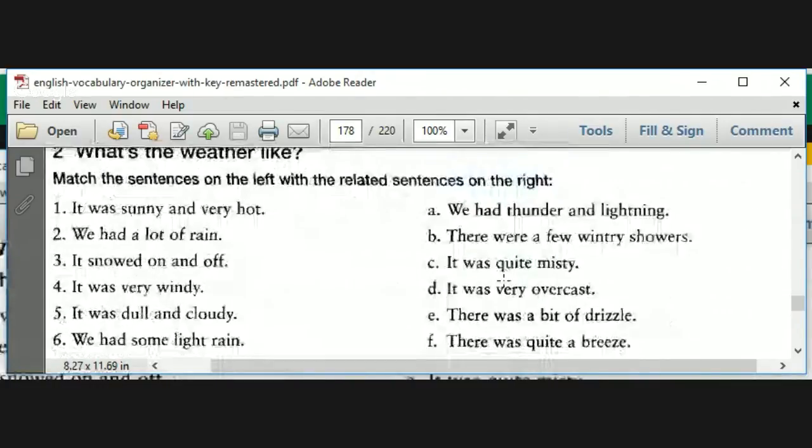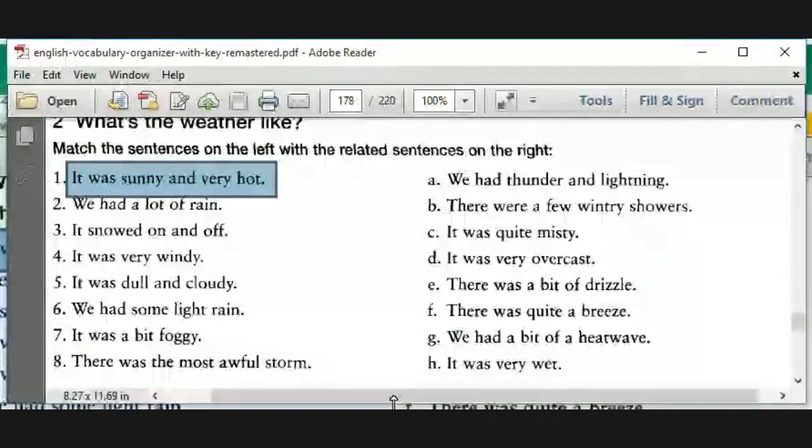Okay, Andre, let's do some mix and match exercises here. Match the sentences on the left with related sentences on the right. So which sentences more or less match is the idea.